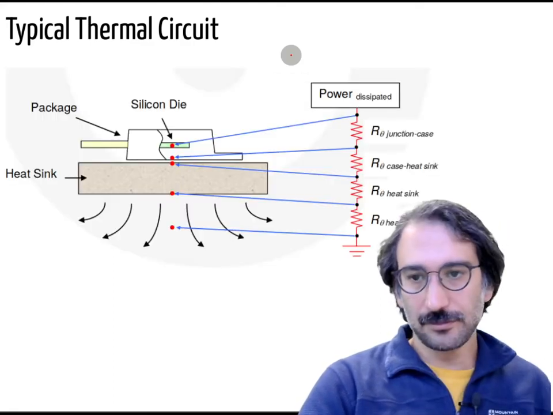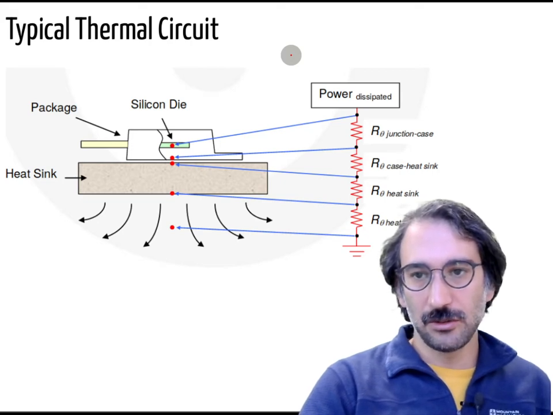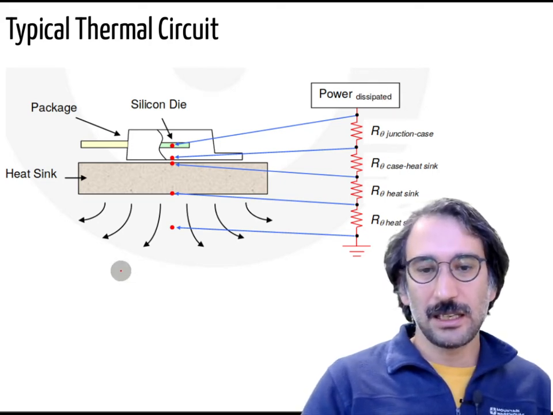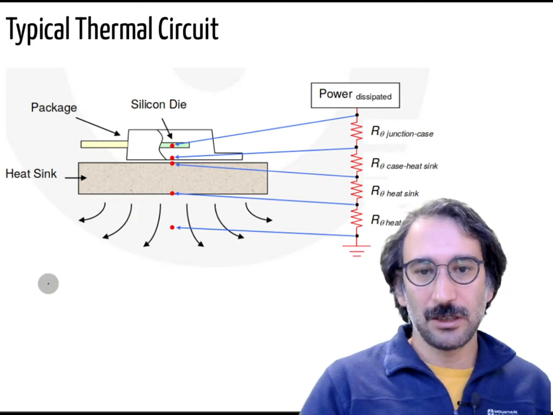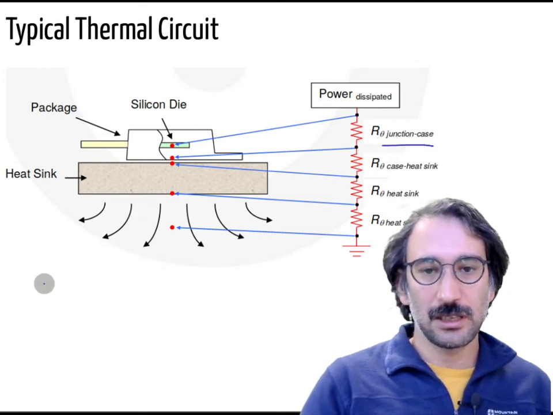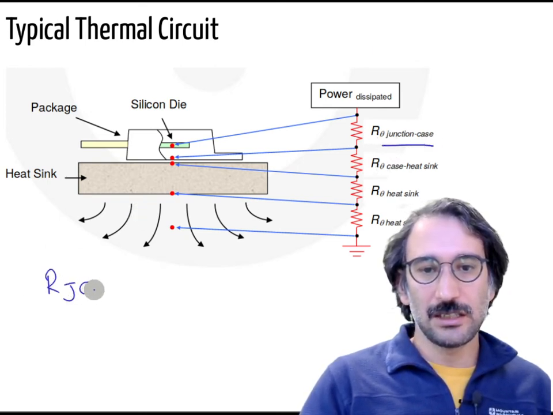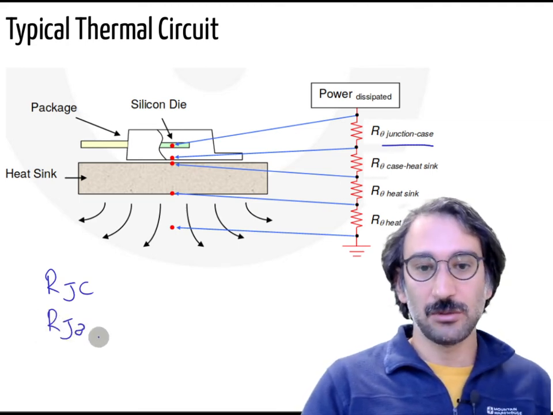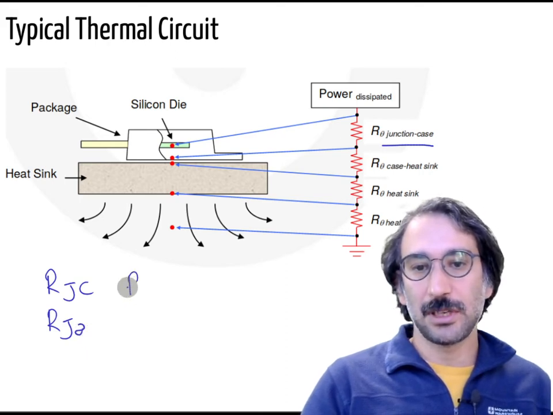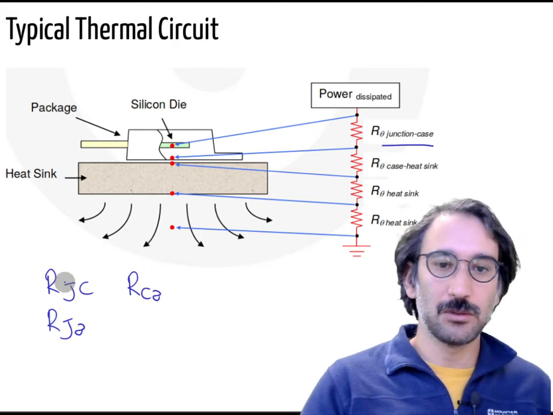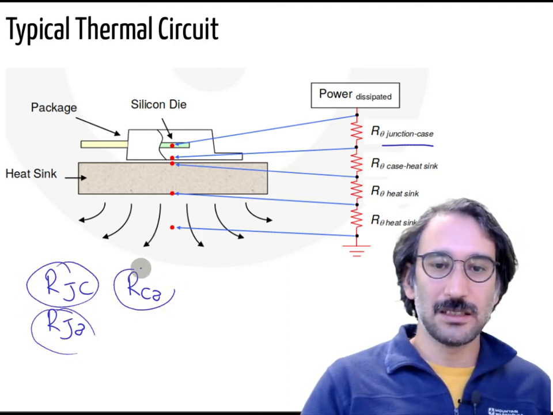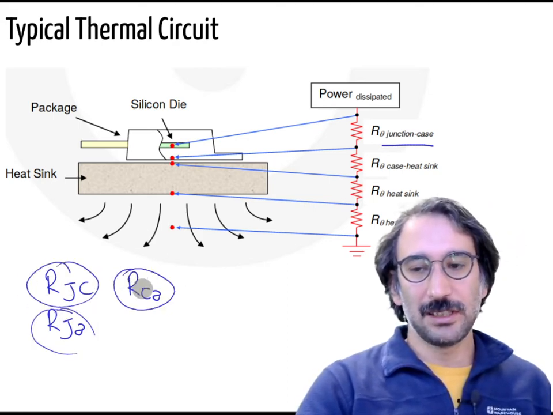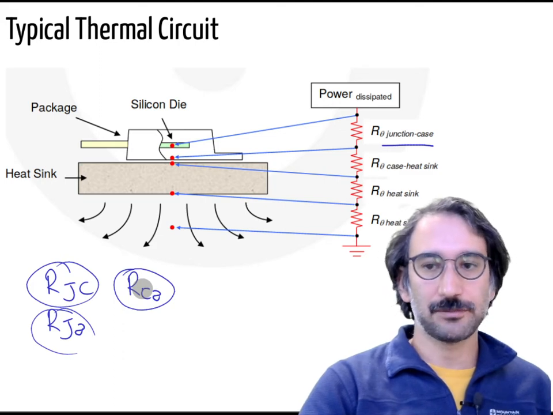Again, here you see some things, and be familiar with that kind of definitions. RJC is junction to case, or sometimes junction to ambient, or in some cases you have case to ambient, and in datasheets they are usually given with that kind of convention.